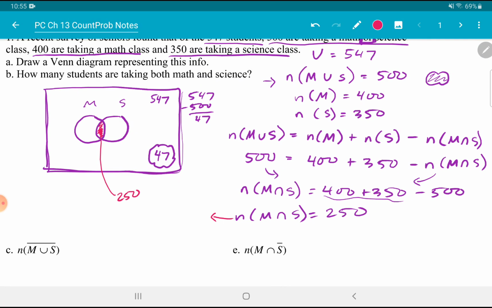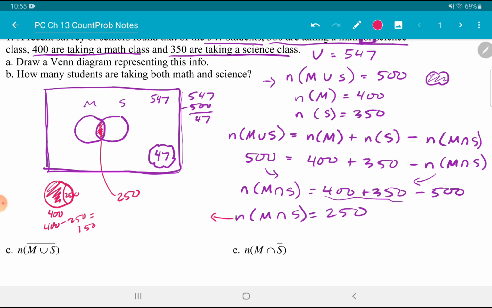Now, keep in mind, if that's 250 students, and the number of students taking math altogether is 400, and this is 250, then what we can do is find this amount, the number of students who are strictly taking math but not science. So if we do 400 minus 250, that amount is actually going to give us 150 there.